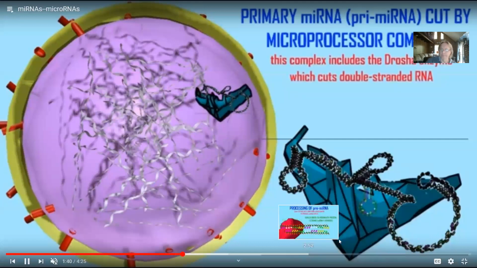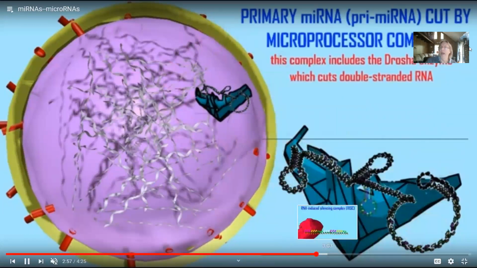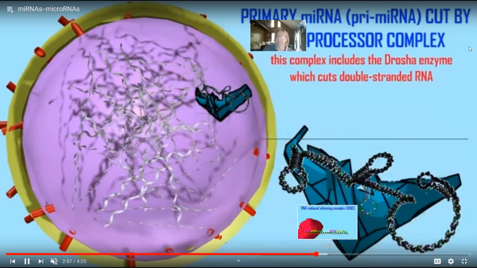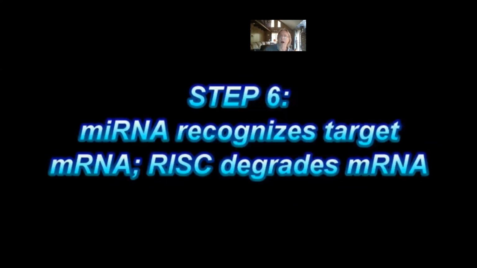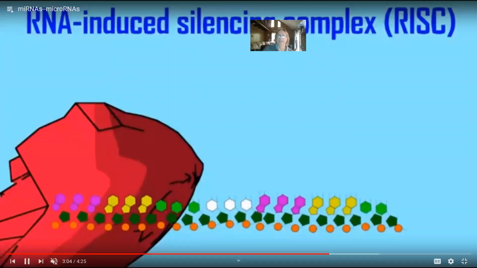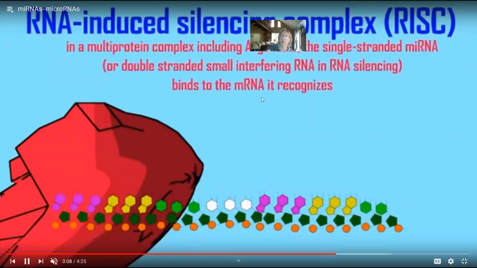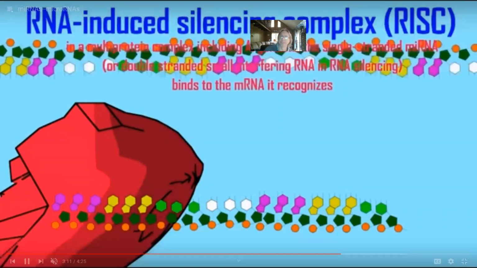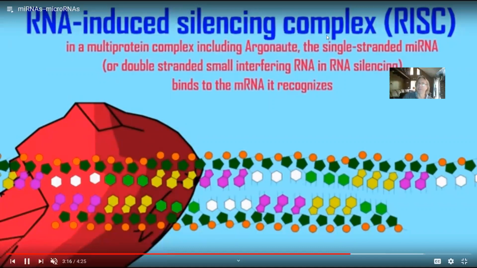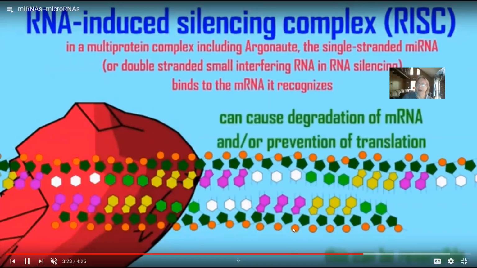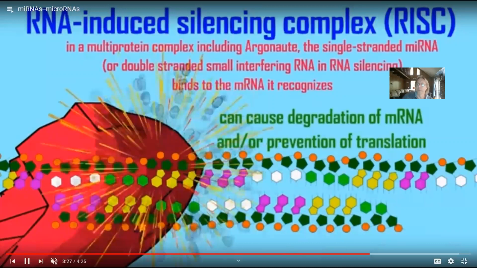And so even though a transcript has been made and there is the possibility of the translation of this mRNA, we could then have the microRNA bind a complementary sequence on an mRNA, and this would then target it for destruction in what's known as an RNA-induced silencing complex. This can cause the degradation of the mRNA. This could prevent it from being translated.